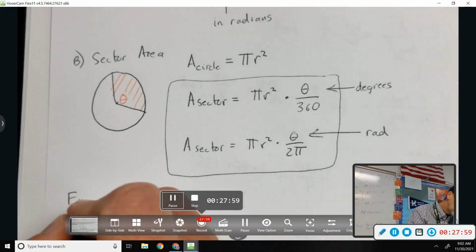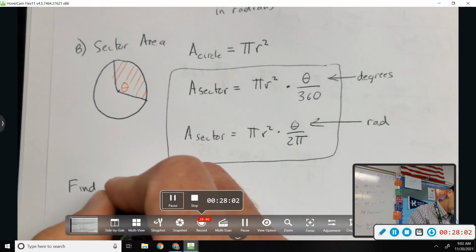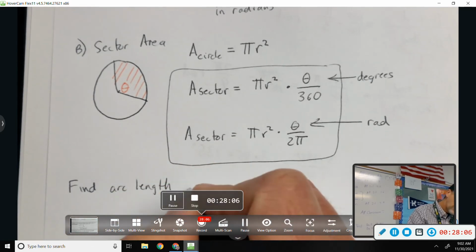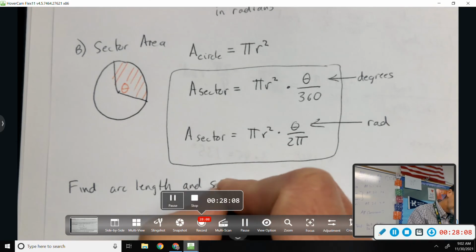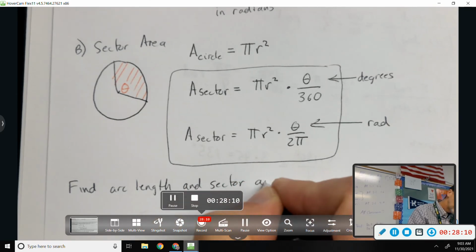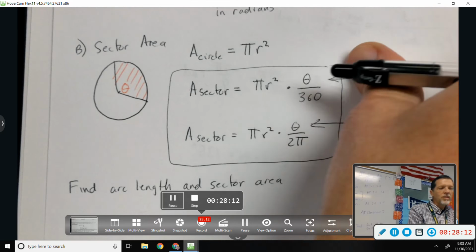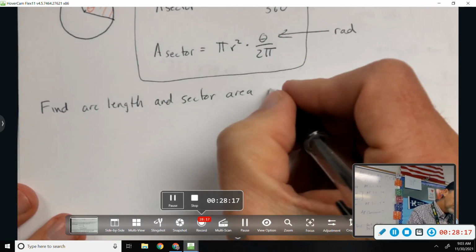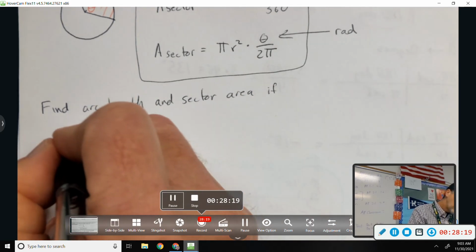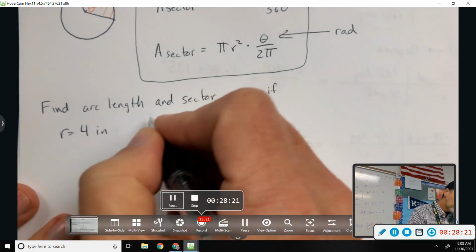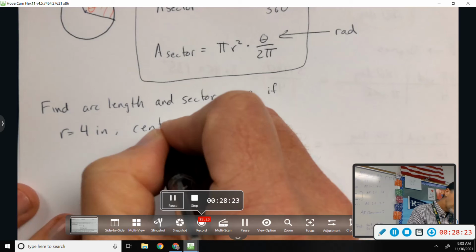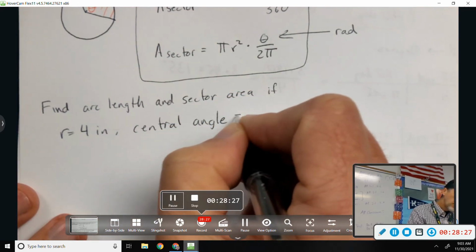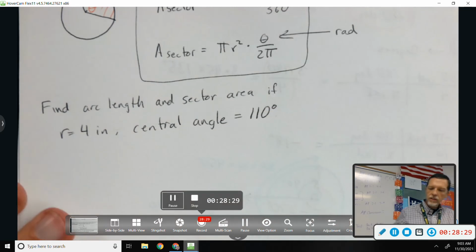Let's do one example. Find arc length and sector area. One example with 2 pieces. Sneaky. Arc length and sector area if r equals 4 inches and the central angle equals 110 degrees.